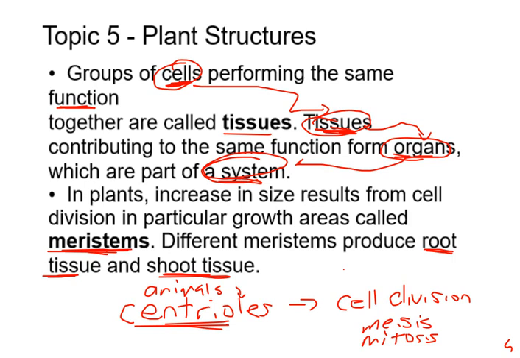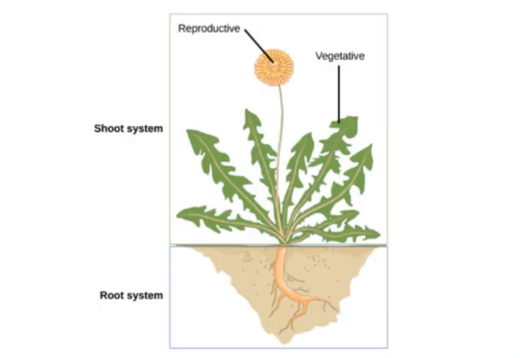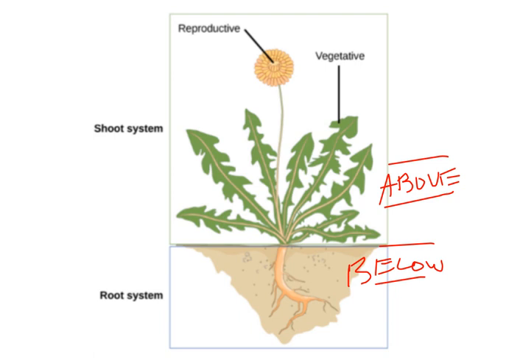Where are roots located? Underground. So this isn't a huge leap, but if the roots are underground, where do we think the shoots are? There we go. That's how we're basically labeling the plant. It's basically either below ground or above ground. Those are our two systems, underground and above ground.